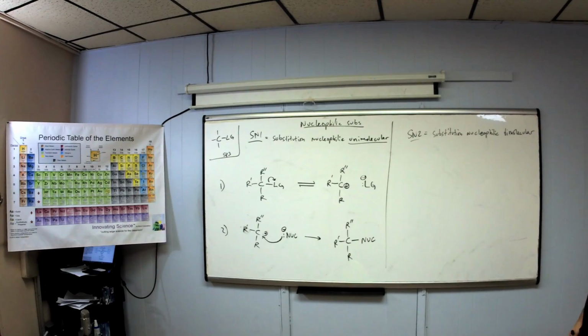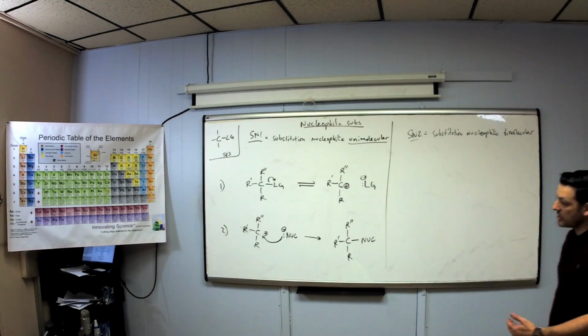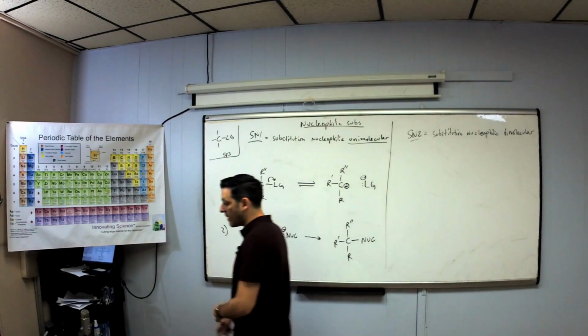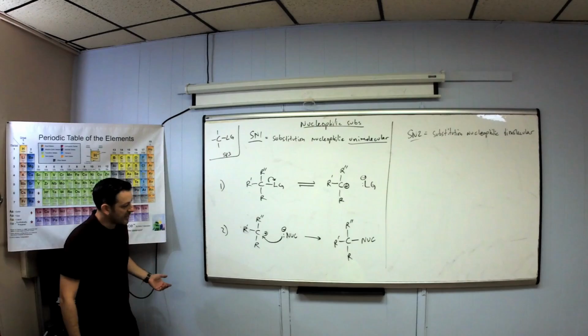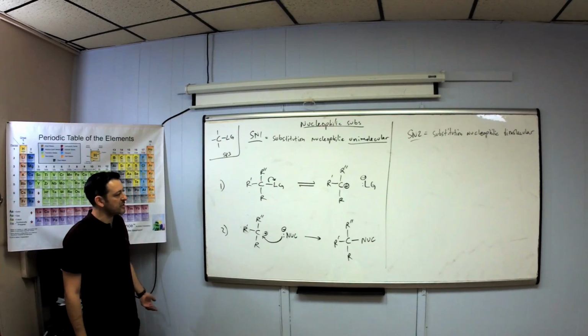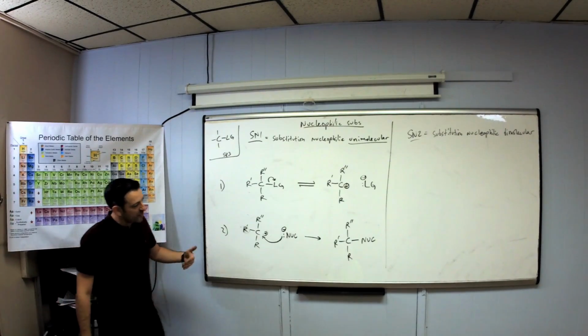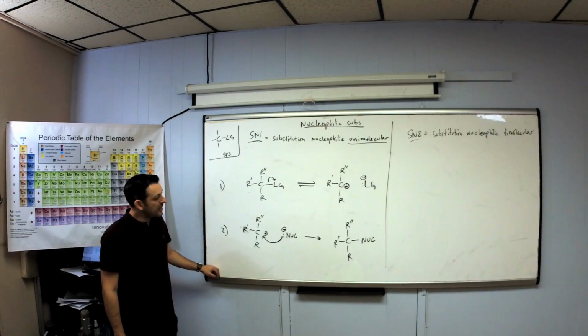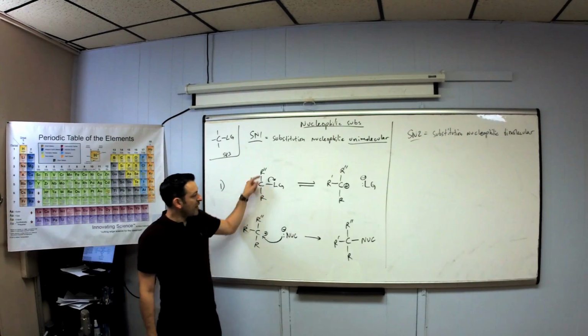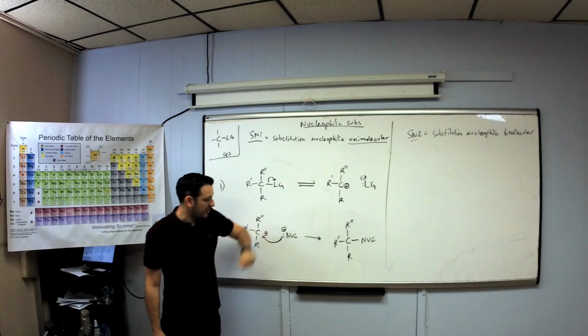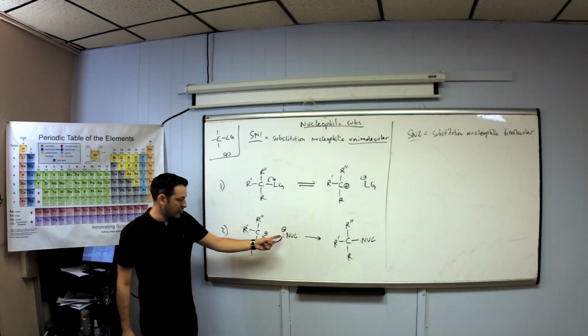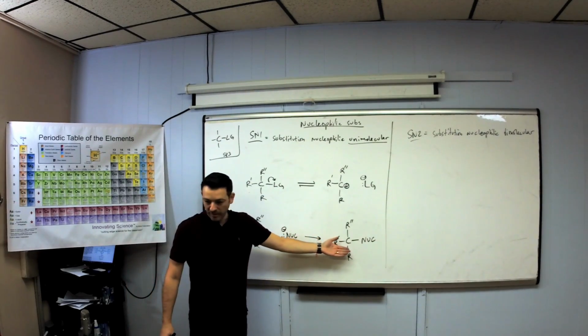That's it. And the reason it's called an Sn1 substitution is because, which of these is the rate determining step? The rate determining step is the slow step. But how would you know what the slow step is? Let's analyze what we've learned in orgo so far. Do you think it's easier to break the octet rule for carbon, or easier to make the octet rule complete for carbon?